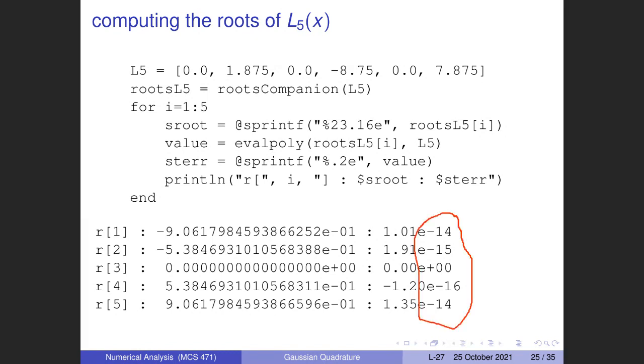So actually the point of this slide are the exponent of the errors. And the machine precision is 2 times 10 to the power minus 16. So we are very close to this. So all the roots here are computed fairly accurately.